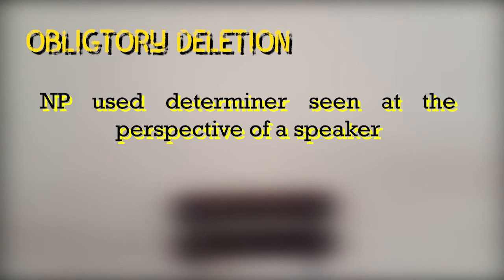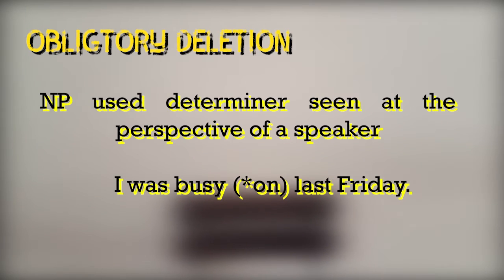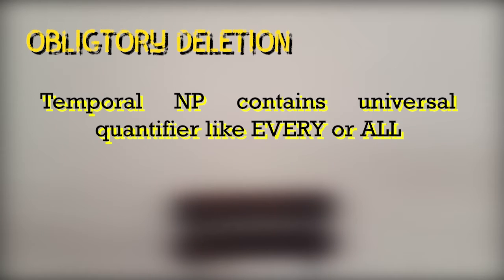Obligatory deletion. First, when the temporal noun phrase contains a determiner seen from the perspective of a speaker. For example, I was busy on last Friday. Delete the preposition on. Second, when the temporal noun phrase contains a universal quantifier like every or all.